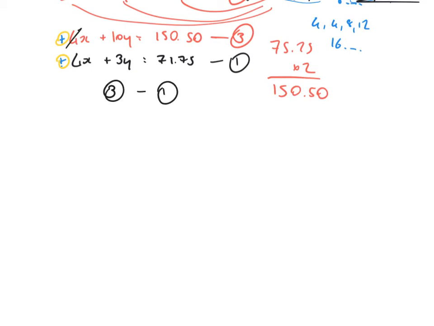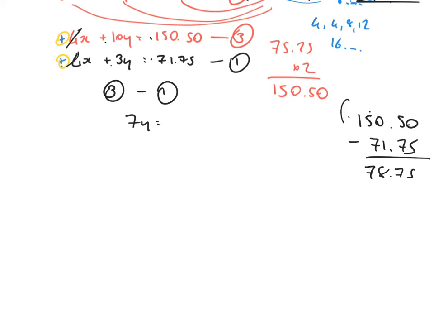3 take away 1, 4x take away 4x, that goes. 10y take away 3y is 7y. £150.50 take away 71.75. Right, we'll just take your time, show your work and go to the side with that one. Okay, now if I think about 71.75, I'll bring that up to £100, that would be £28.25. £28.25, add on another 50, £78.25, and then add on the 50, £78.75.